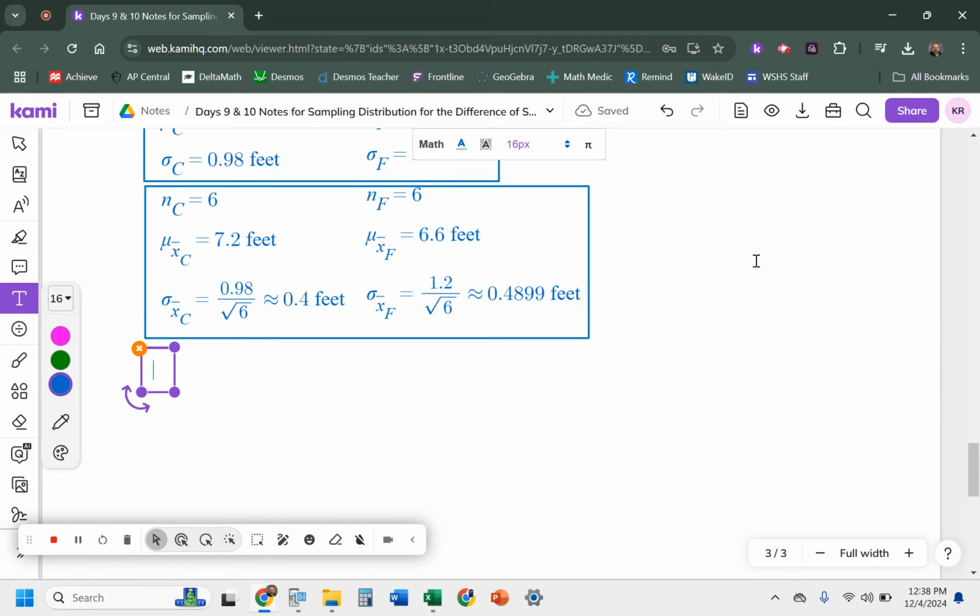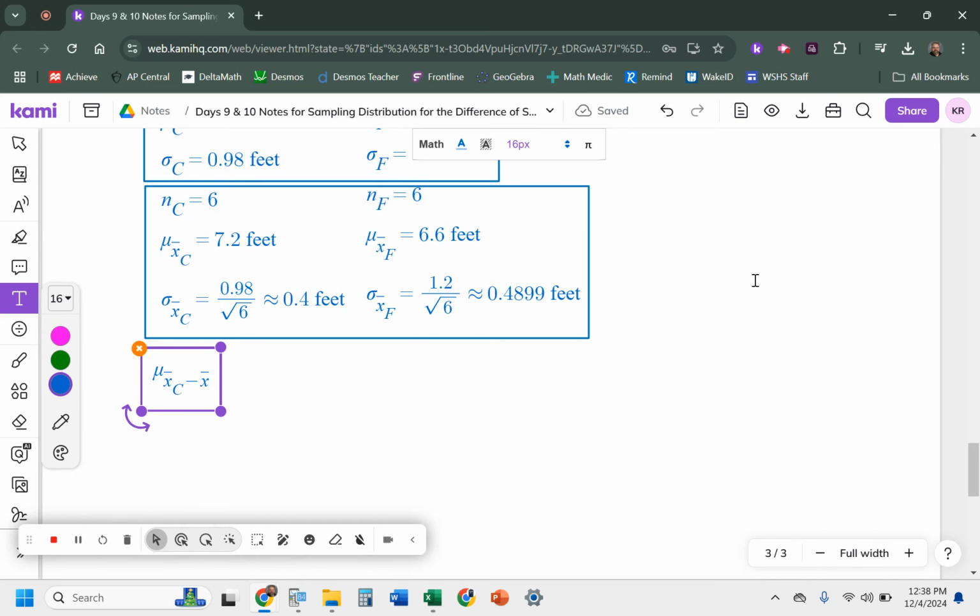So I'm going to go ahead and calculate mu sub x bar sub f. I want to find the mean of the difference between these two. So I'm going to say minus, and then x bar, and the first one should be the California beaches, not the Florida beaches.